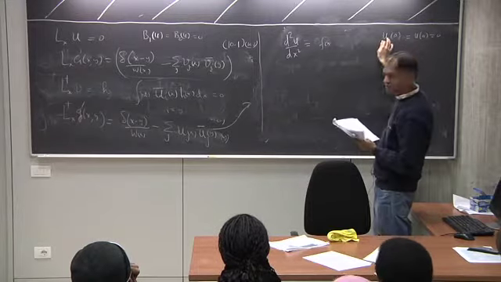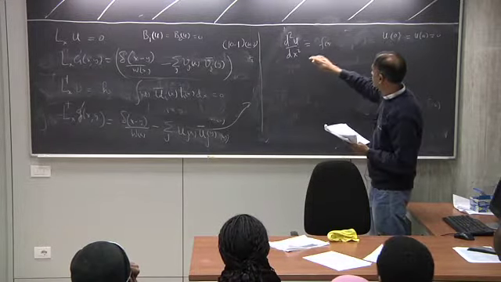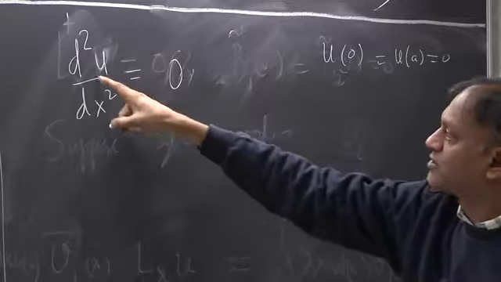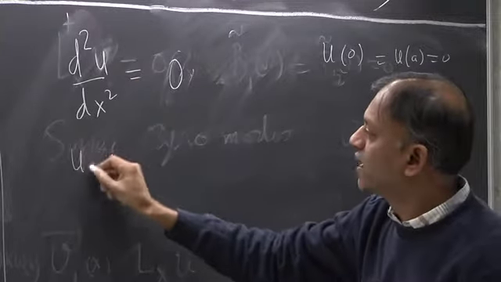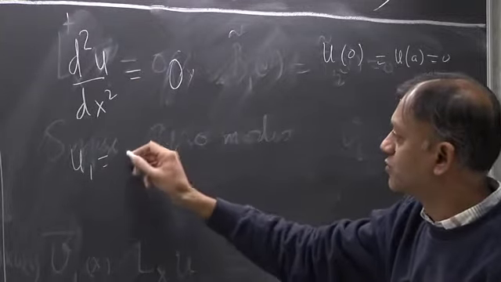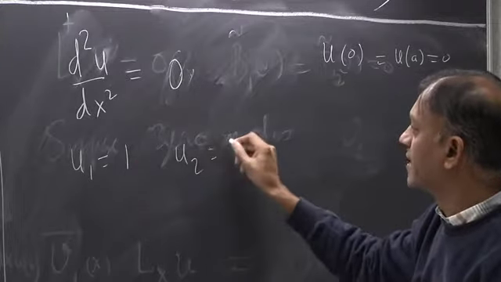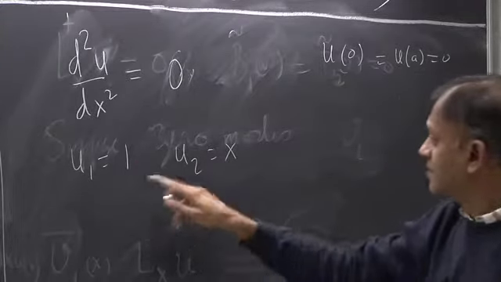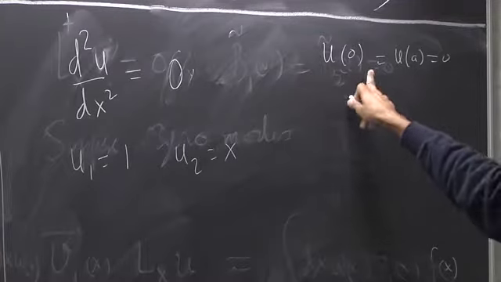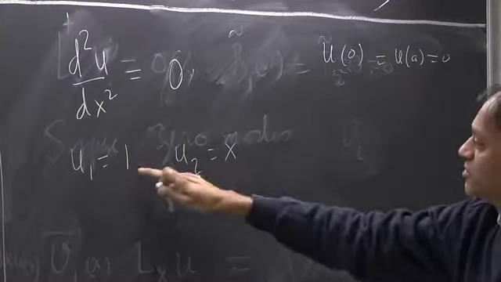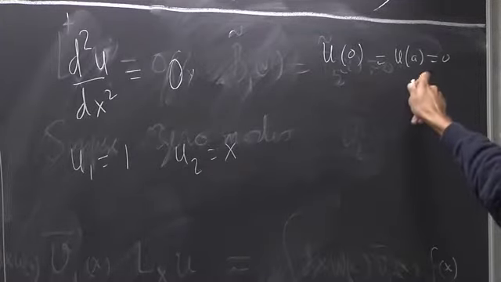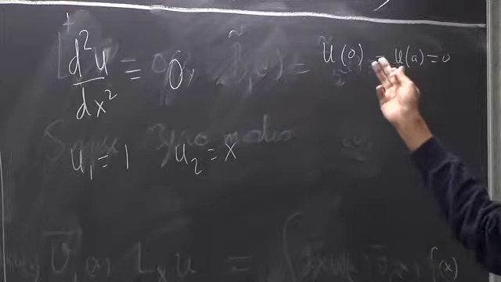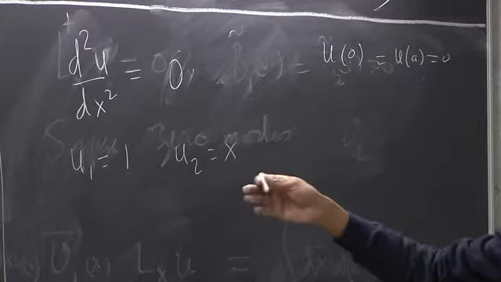And this was the Dirichlet boundary condition. In that case, there was no 0 mode to this homogeneous equation. Because what are the two solutions of this? One fundamental solution is U1 equal to 1, and the other is U2 equal to x, right? And no combination of these can satisfy this boundary condition, and that is why there was no 0 mode, and we could construct the ordinary Green's function.